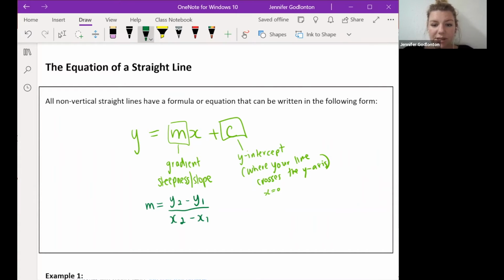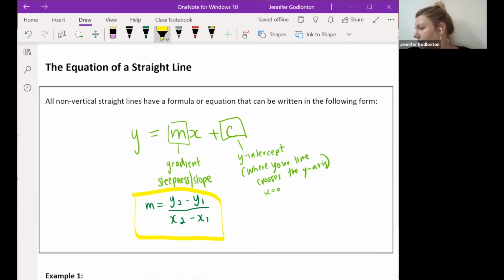We're going to be using that formula a lot today. We're also hopefully going to get to a point where we can substitute some things in, but we'll see how the lesson goes. If you have not seen this before, please make sure you have this written down, at least the y equals mx plus c and this formula, because you're going to be using it a lot in today's lesson.